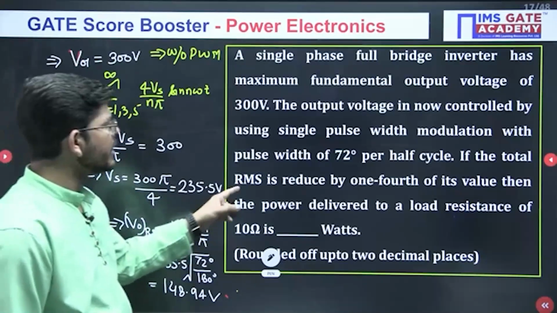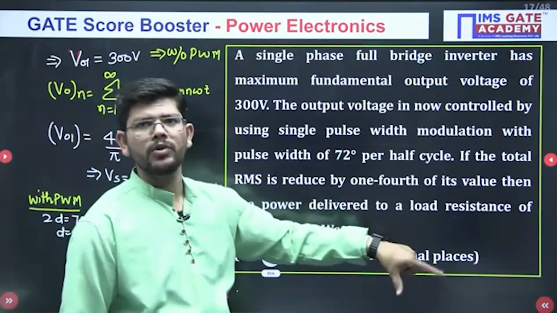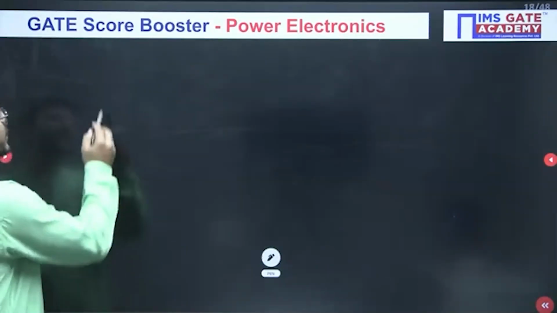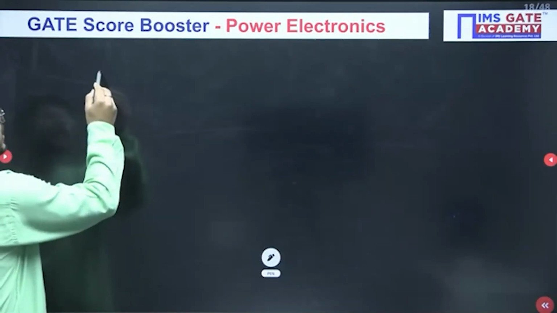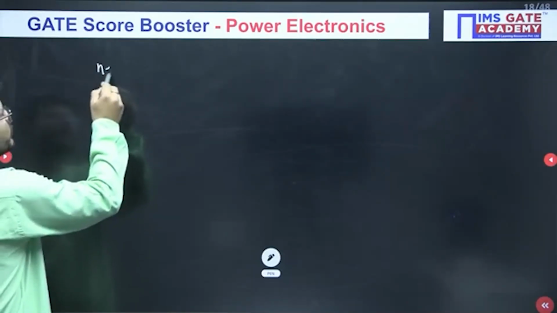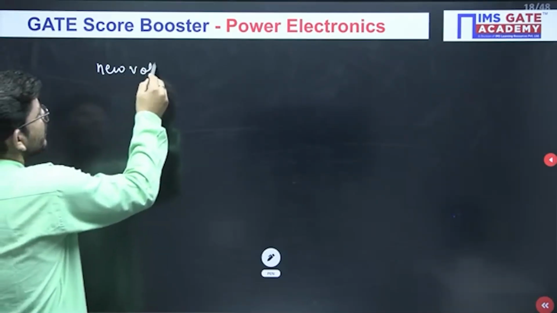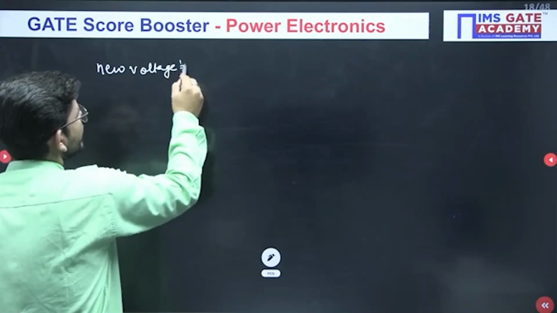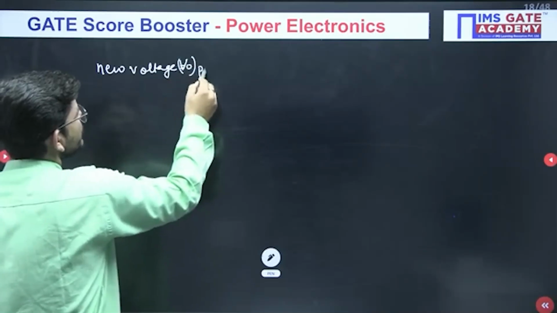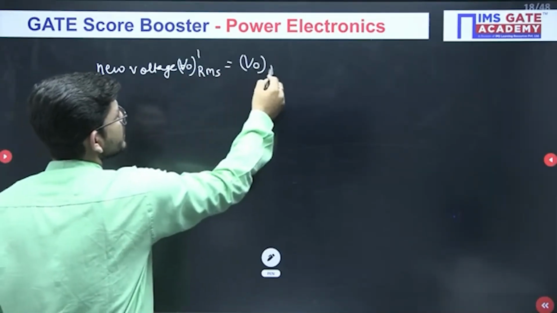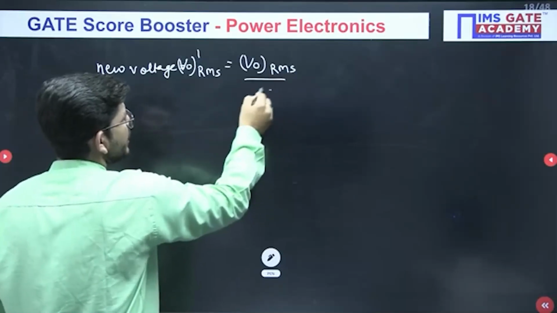But now they are saying if RMS is reduced by 1/4, then what is the power dissipated? So this is the RMS that we have. When we reduce this RMS by 1/4, the new RMS voltage, V naught RMS dash, will be the old RMS voltage divided by 4.